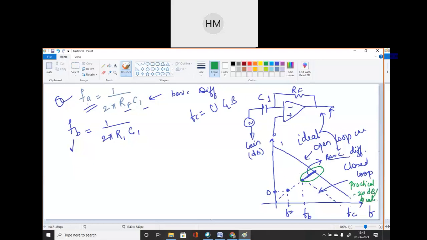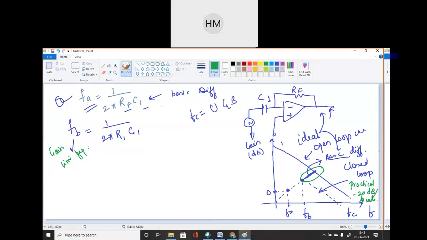Clear? This is decreasing gain. How is it decreasing? We will plot this frequency response on semi-log graph paper. So it is decaying by 20 dB down. ठीक है, so write down: FB is the gain limiting frequency. Clear?